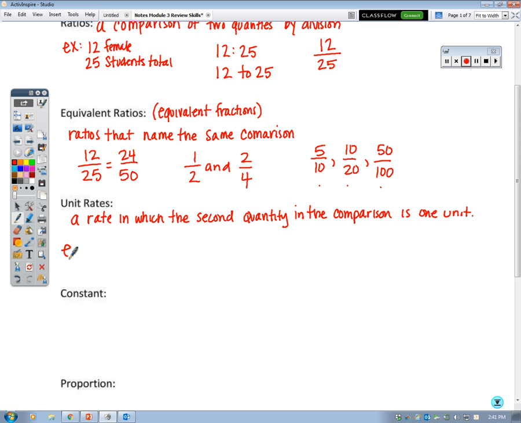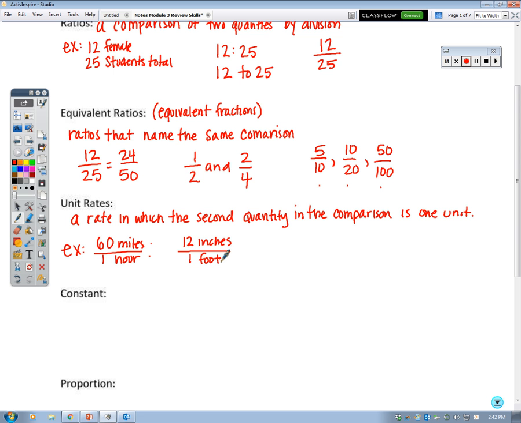So, for example, a unit rate would be something like the speed limit of 60 miles per 1 hour, because it's a comparison of 1 unit. Something else we can look at is 12 inches in 1 foot. 12 inches will always be equal to 1 foot. So those are two examples of unit rates. There's multiple examples of unit rates, and we will get to some of those a little bit later, but that is the introductory definition there.